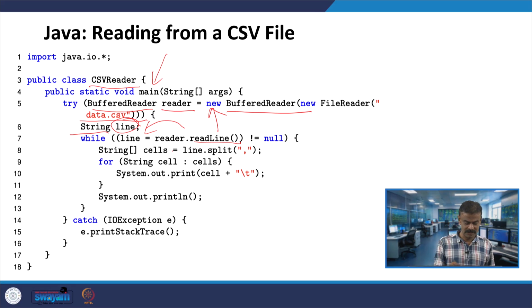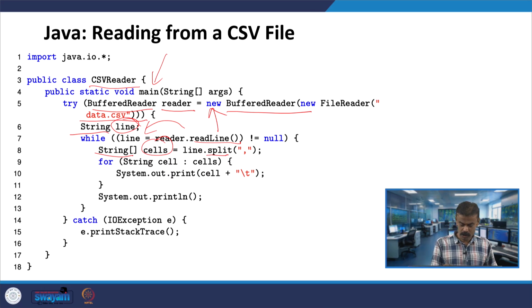And then you have cells. Unlike in C++, where we wrote it on our own, here you can always call the method. Cells is an array of String, and line invokes split. In a text line you have commas, for example comma object comma oriented like this.